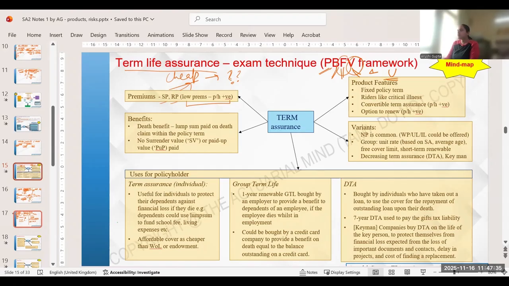If I compare it, suppose, to an endowment, now in an endowment product, every policy is going to lead to a claim, which basically we're saying is a guaranteed payout. So what's important is that either the policyholder is going to take away a maturity benefit or a death benefit, right? Yes or no? If death happens earlier, they're going to take this away. But in a term product, not every policy sold is going to turn into a claim, but every policy is going to provide a premium to the company, right?